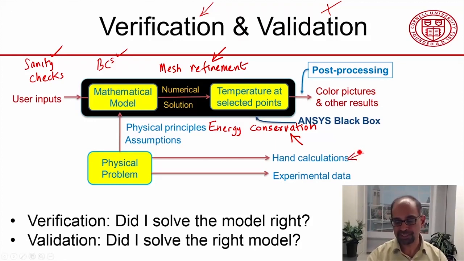I'm not going to do that here, but if you come to Cornell and take a heat transfer course with Professor Luge, he might make you do that as part of the homework, because he often assigns this as the homework in his heat transfer course. So for verification, we'll check energy conservation, and we'll do a mesh refinement study.